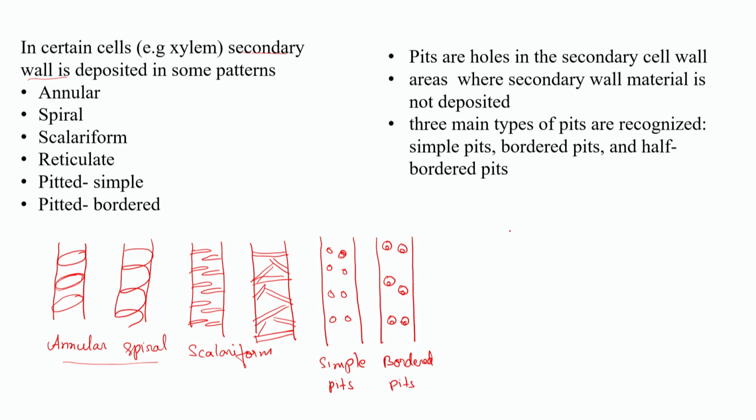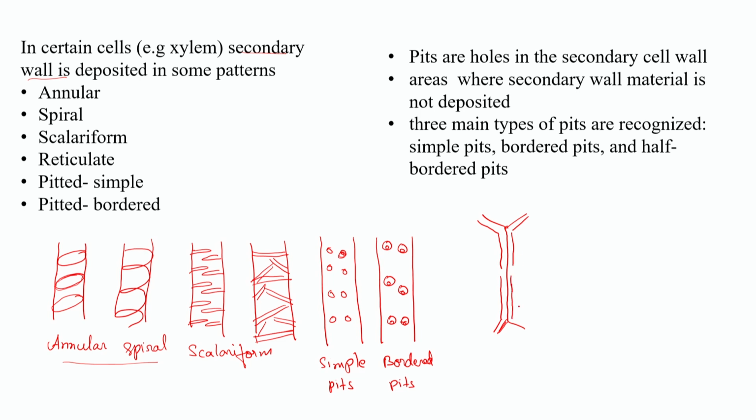Now to explain this pit, suppose you have two cells adjacent to each other. When secondary cell wall deposition takes place, we can see that the primary cell wall as well as the middle lamella is confined to a very thin line, and the primary cell wall is basically permeable because it has plasmodesmatal connections, and along with that you have heavy deposition of secondary cell wall.